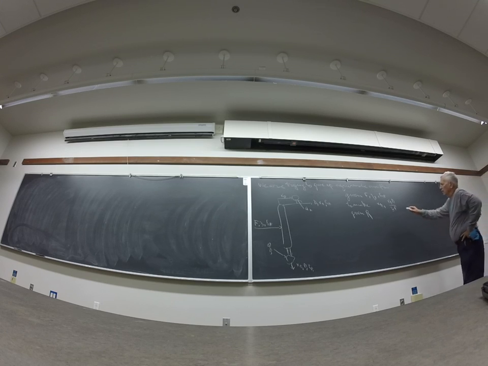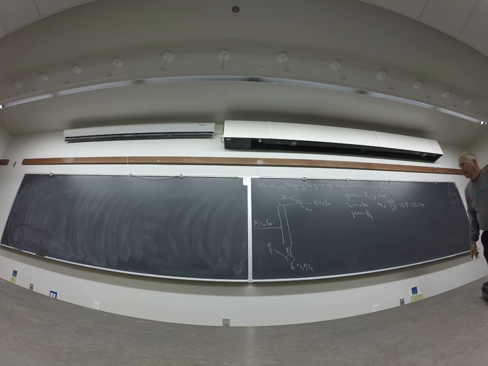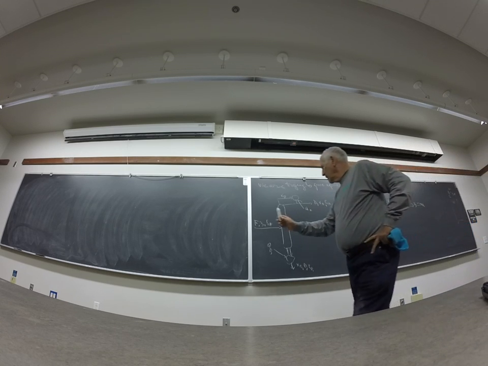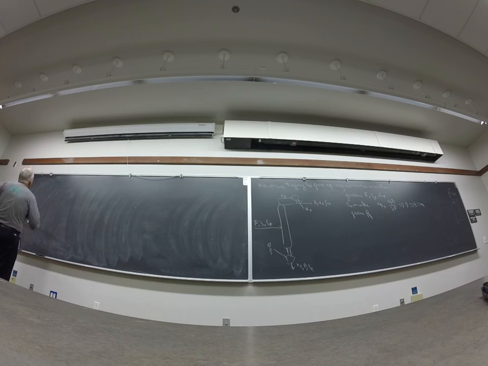So this tells me what D is. The two product specifications tell me D, that tells me B, and that tells me XB. That's not really the issue. I'm going to make a balance around the entire column.